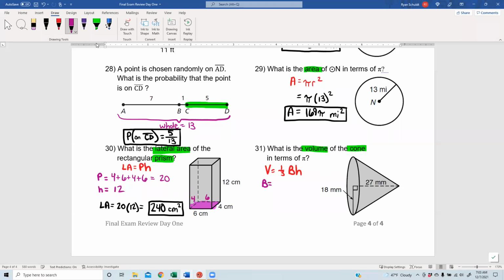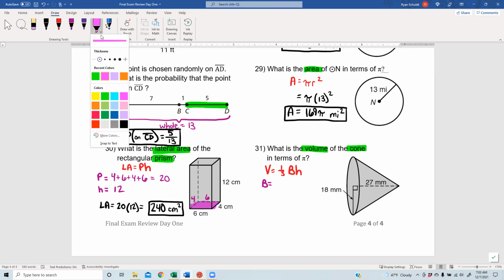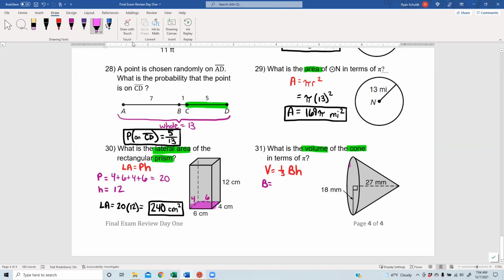Our base is a circle. This is our base right here. So the area of a circle is pi r squared.